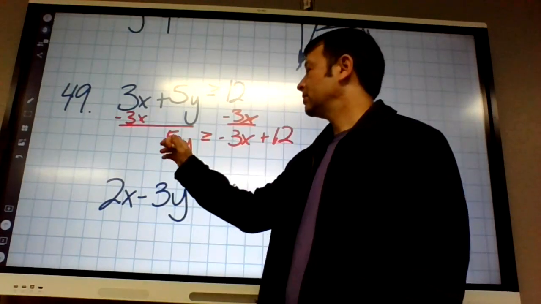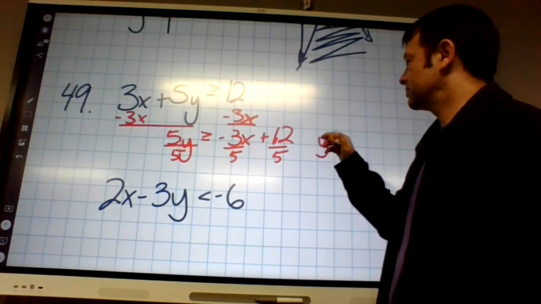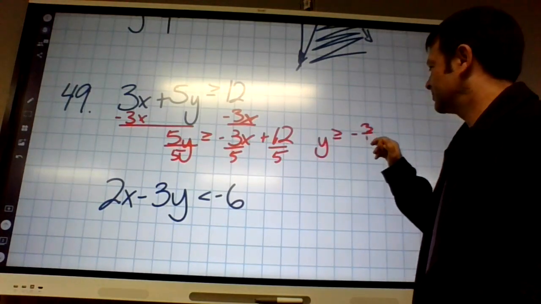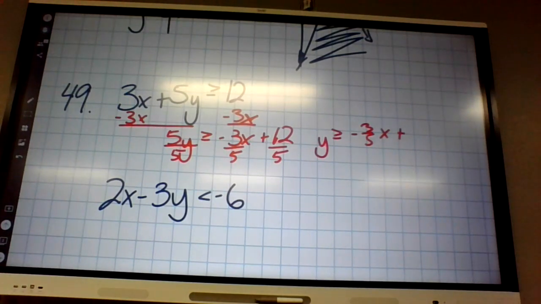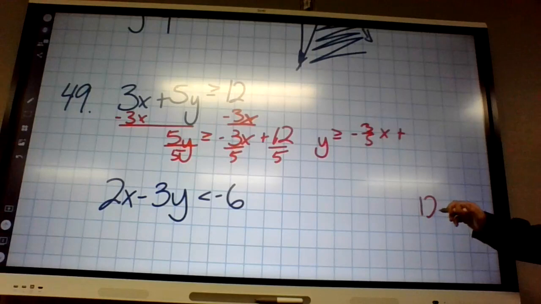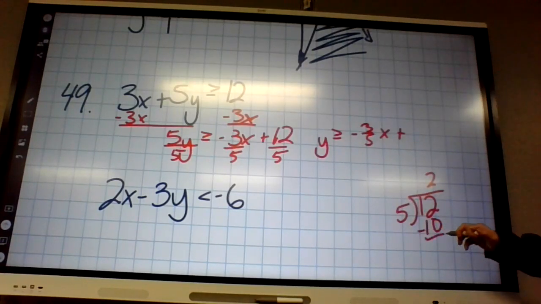Divide by 5. Alright, 12/5, that's not very nice. Either is negative 3. But what's 12/5 turn into? How many times does 5 go into 12? 2 and 2/5, yes.